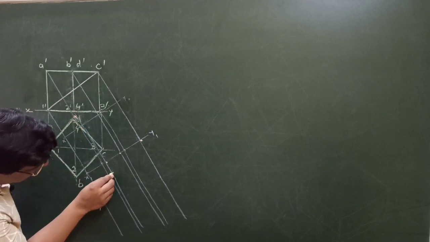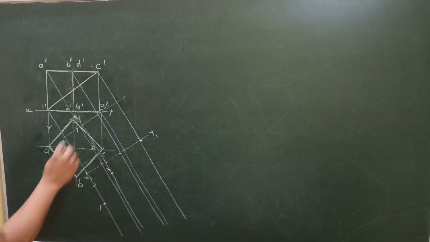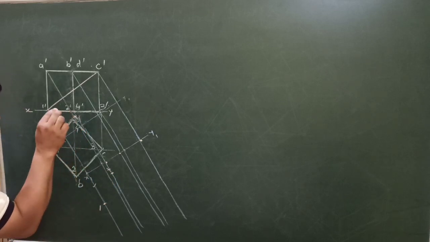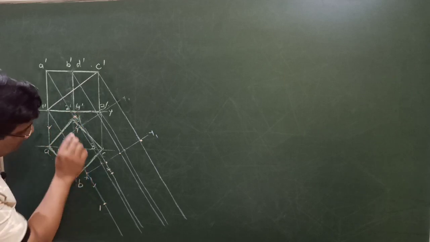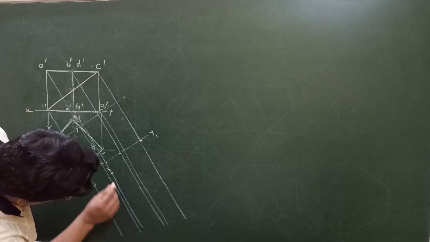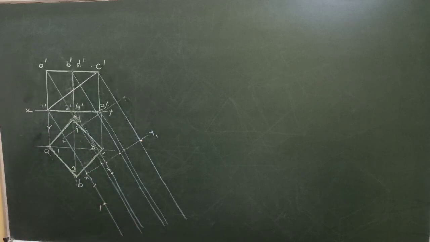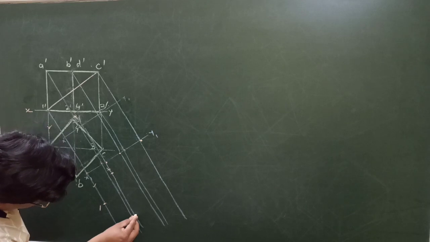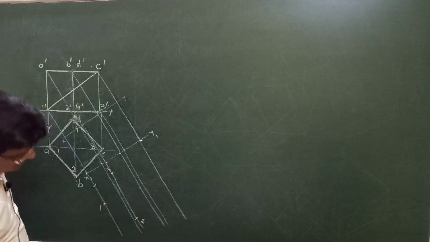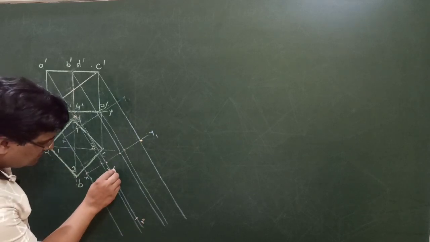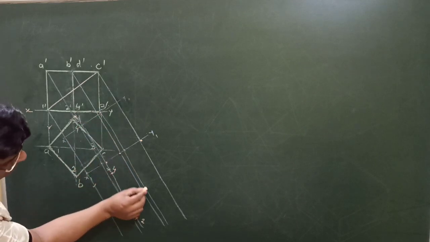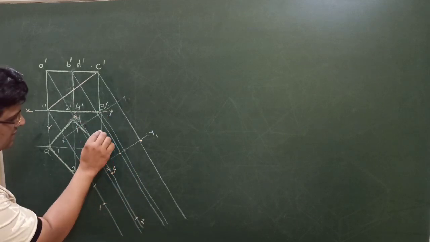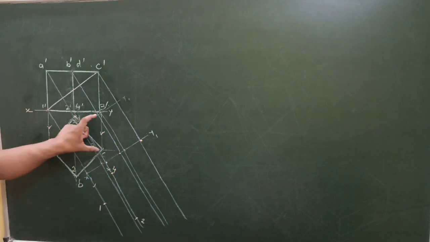So 4 will be here, and from here XY to this distance, this much, you have to cut on the line somewhere around here. So this may become 2 and this is 4. For 3 we have to take the distance on this line, again equal to this distance.